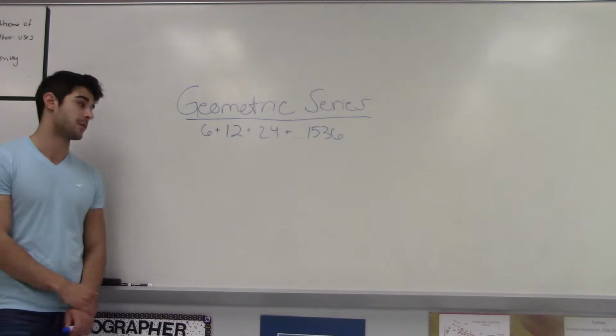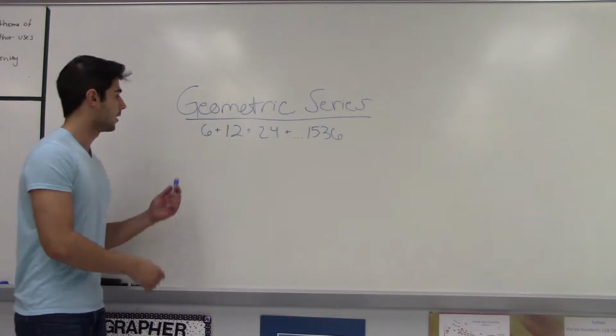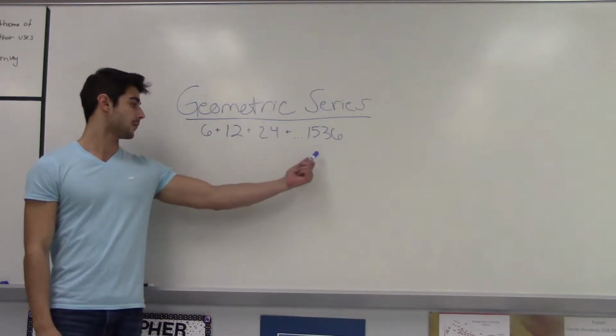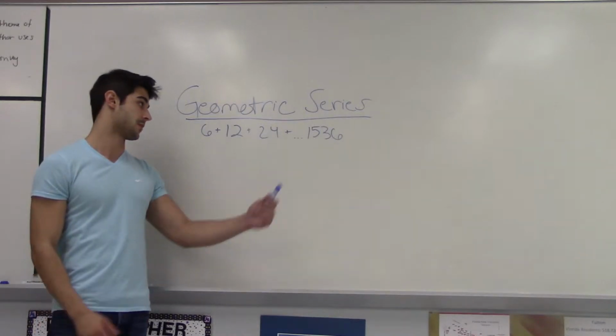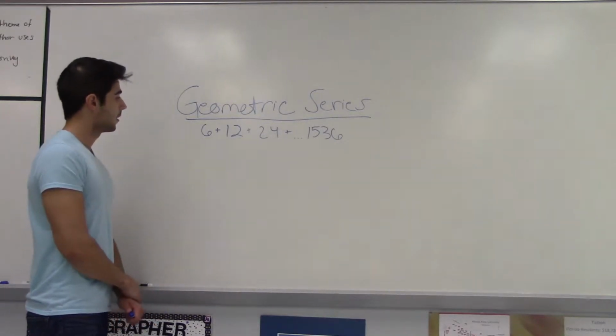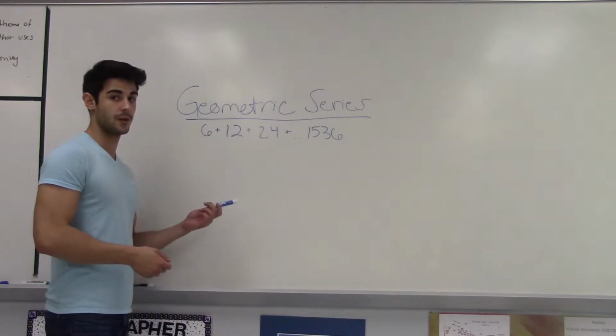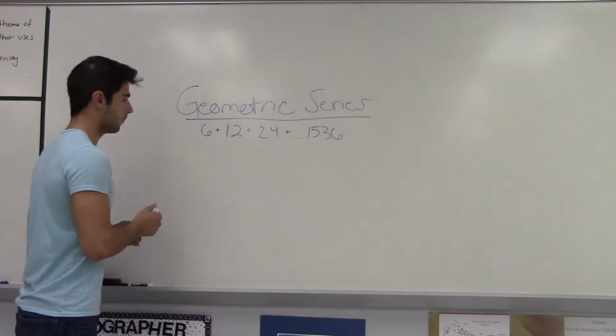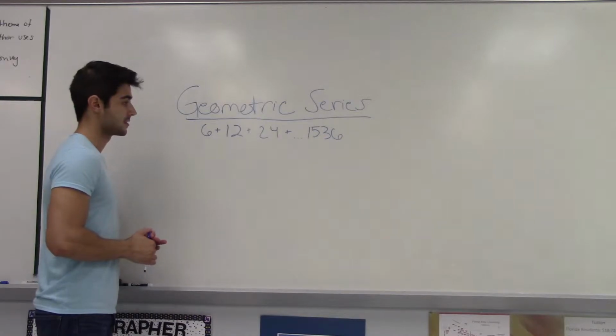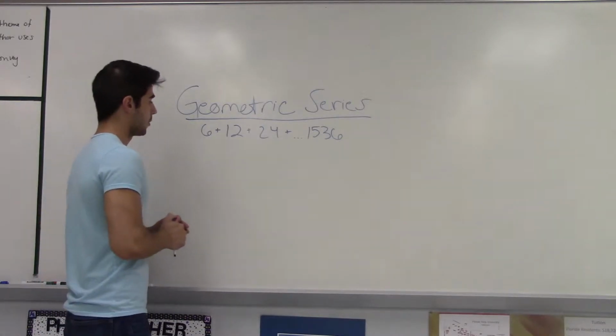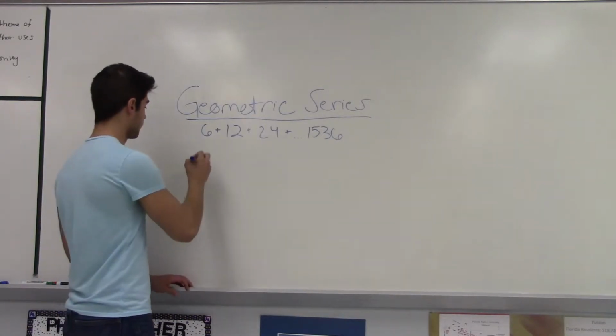Now we have a geometric series. This problem down here represents a finite geometric series. So we're going to want to find the sum of this. In order to find the sum, we have to take what we know. We know our first term is 6.